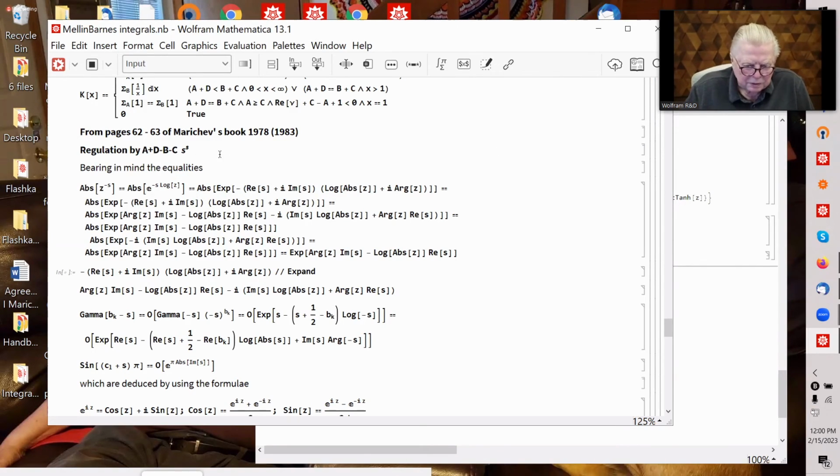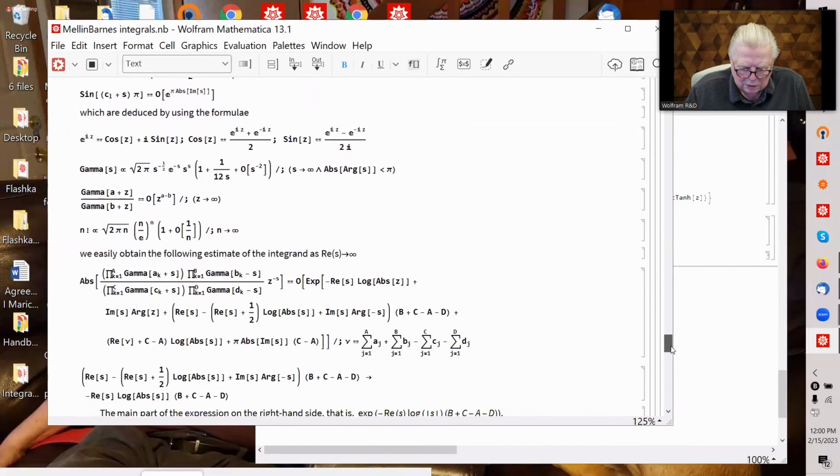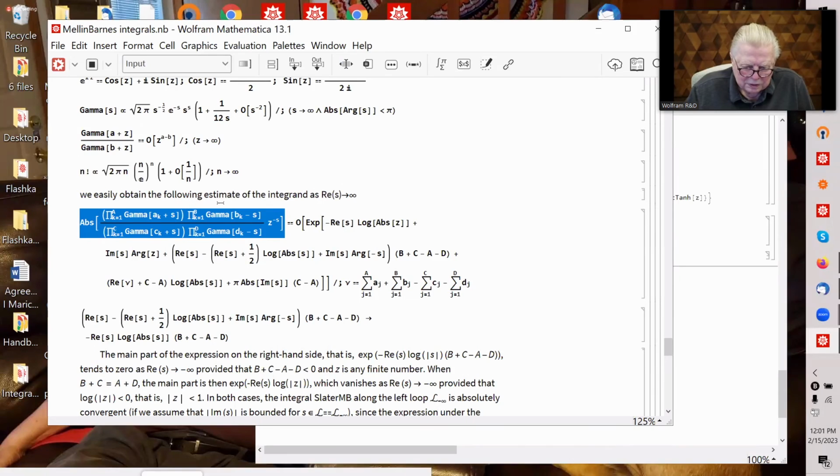Here I made, from pages 62 and 63 of my book, corresponding manipulations, which I will not do here, but we come to the following estimation of the integrand under the Mellin-Barnes Slater form integral.